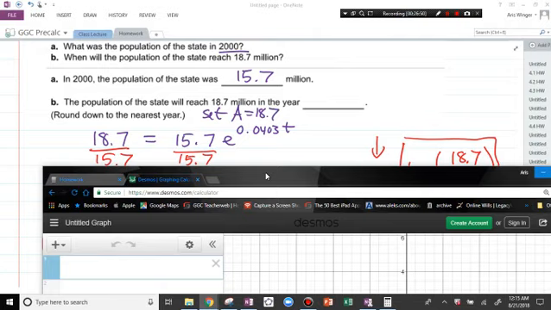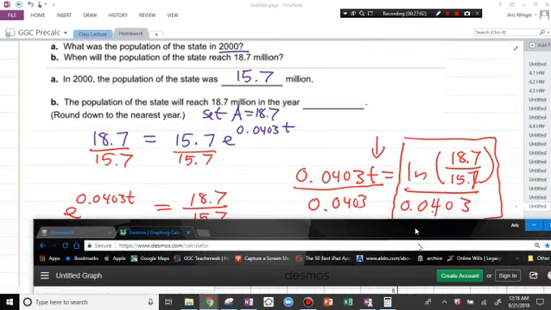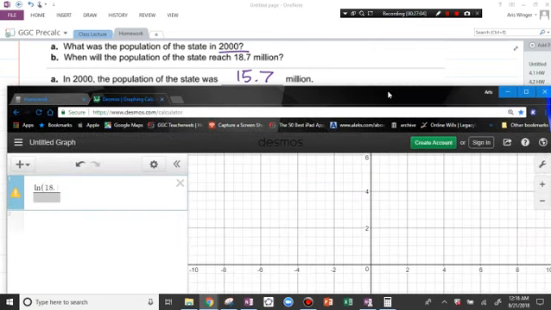It's ln, we'll get the fraction out first. It's ln 18.7 divided by 15.7, arrow close, and the denominator is 0.0403.